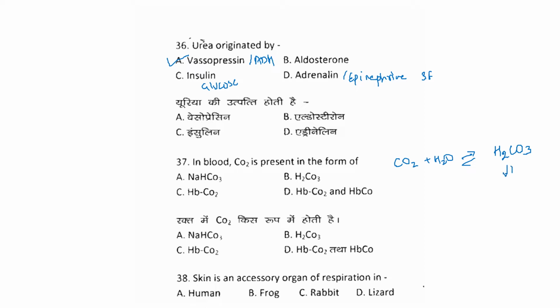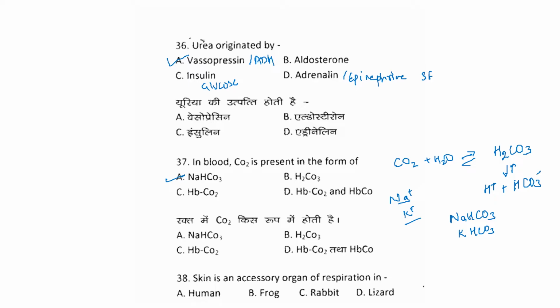Now this H2CO3, because there are sodium and potassium ions present in the blood, is hydrolyzed to H plus and bicarbonate ion. So this bicarbonate ion combines with sodium or potassium ion and is present in the form of sodium bicarbonate or potassium bicarbonate in the blood. So the correct answer is A, sodium bicarbonate.